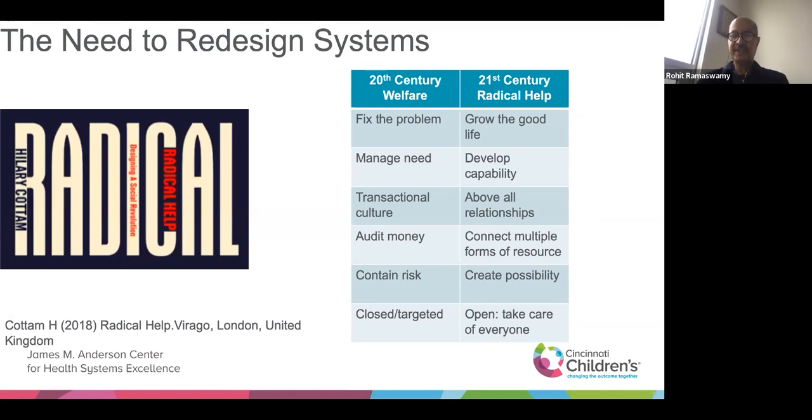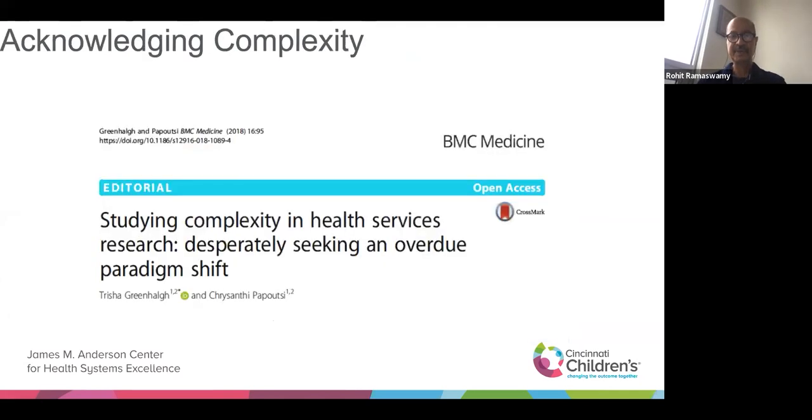Because we're moving from a problem-fixing approach to building capability, a holistic approach towards better health and better well-being, we have to be able to take complexity into account.